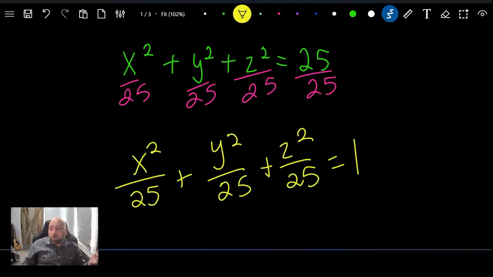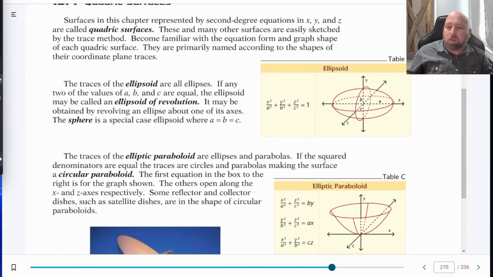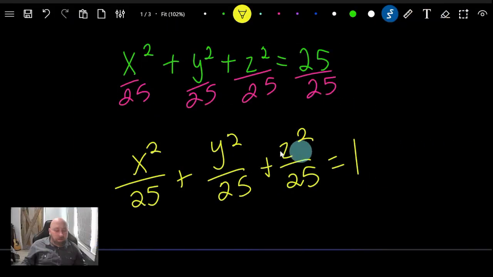Now what we would have to do is go back over to the book and look at which one this looks like. Well, this looks like this first one right here: x squared over a squared. Notice if we flip back over here, we do have a squared down here, right?